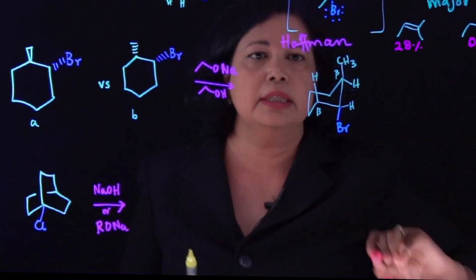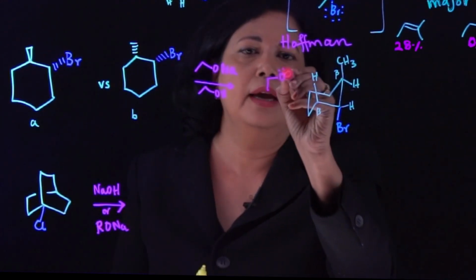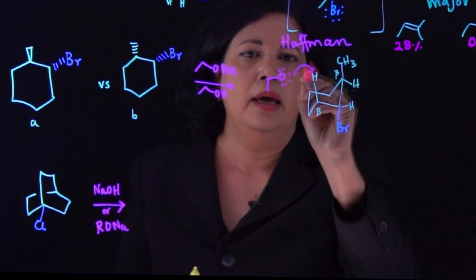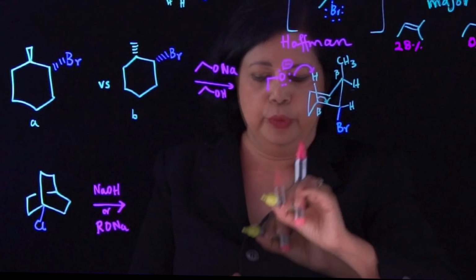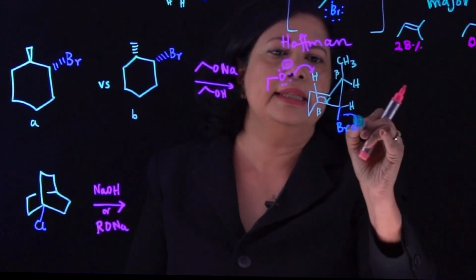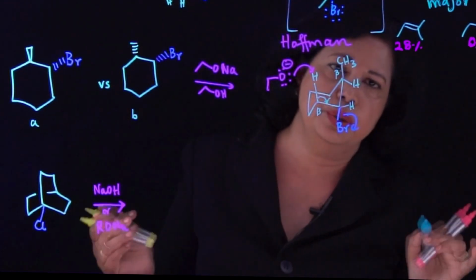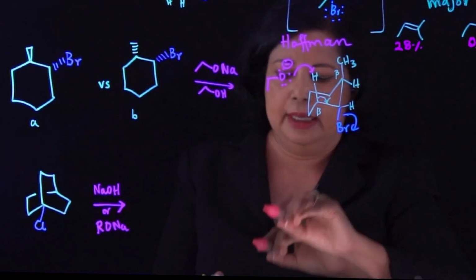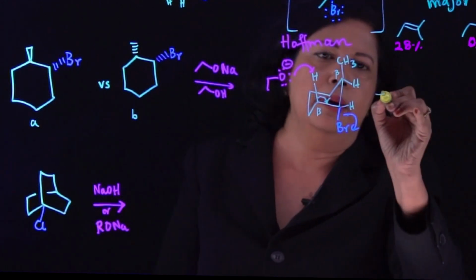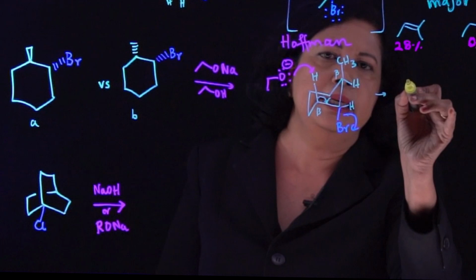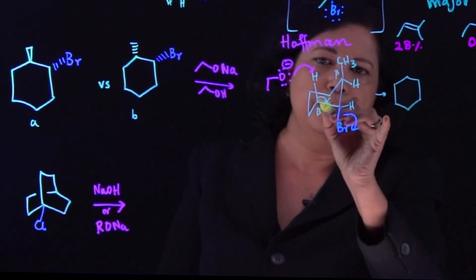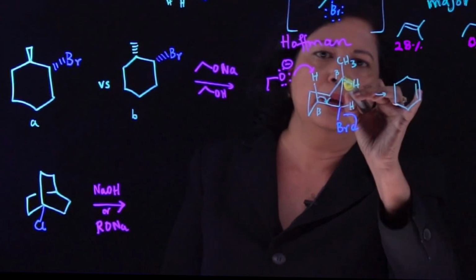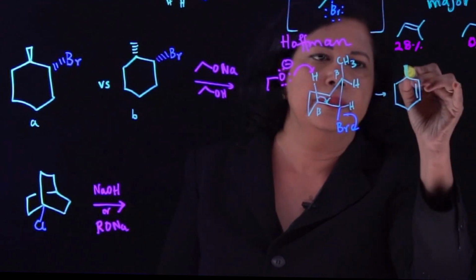So your ethoxide is going to pull off this hydrogen, and that's going to create a pi bond right here that is less substituted. We just don't have choices here. So now that is going to give you a pi bond on this carbon. It might be a little easier to see if I draw the flat version. So your pi bond is right here and your methyl is up here.